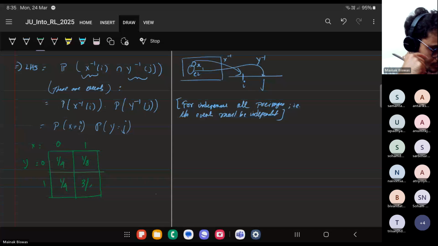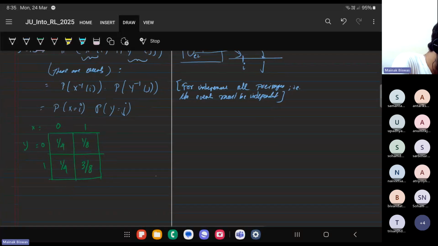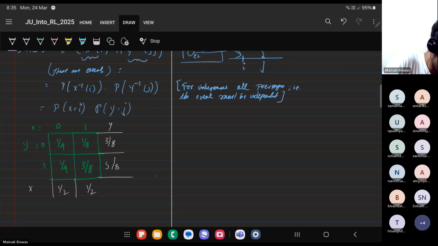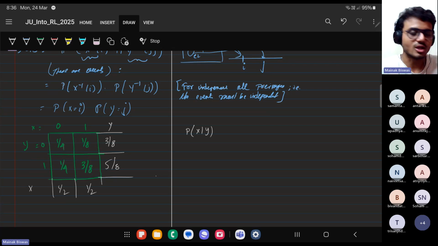Fine. So again, the marginal distributions we wrote for X as half and half, and the marginal distribution of Y as 3 by 8 and 5 by 8. Now I tell you to find out probability of X given Y. If I ask you this question, what is the first probability that you will find?